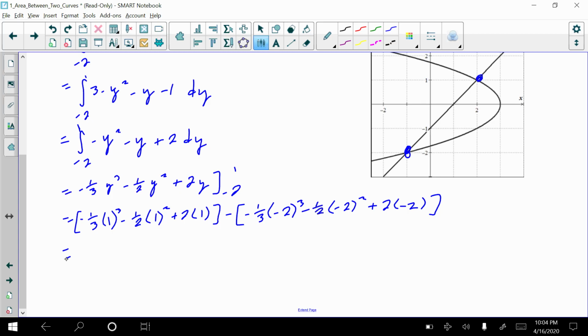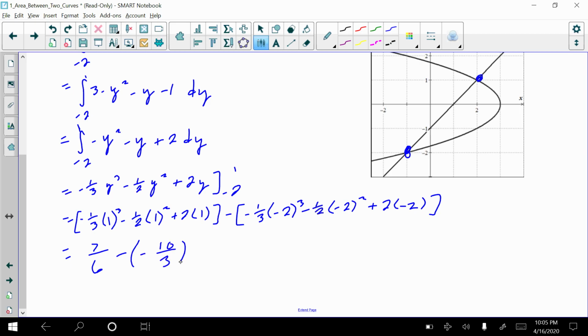So all of the stuff in the first parentheses, -1/3 minus 1/2 plus 2, is all going to simplify to 7/6. And then we're going to subtract the other one. That's essentially a positive 8/3 minus 2 plus 4, and we're going to wind up with this one being a negative 10/3.